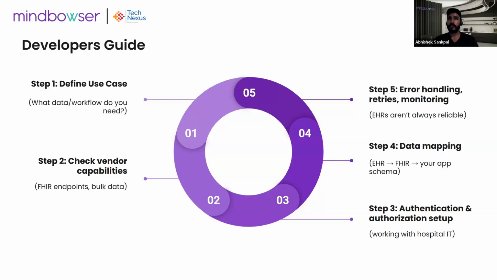An embedded app opens inside the EHR for a particular patient context. A standalone app is separate from the EHR, where we can provide a few buttons like login with Cerner or login with Epic. OAuth happens in the background, and we get an access token. Then we can easily access the patient data.